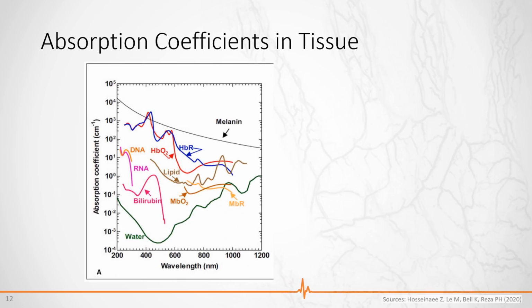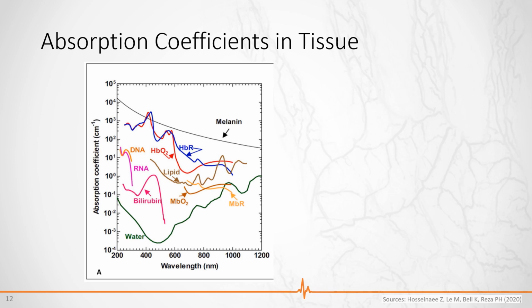In this figure, the absorption spectra of different components of biological tissue are shown. You can directly see two prominent lines, the lines of hemoglobin from red blood cells. Interestingly, we can observe the absorption coefficient of HbO2 and HbR, so the reduced hemoglobin and the oxygenated hemoglobin.